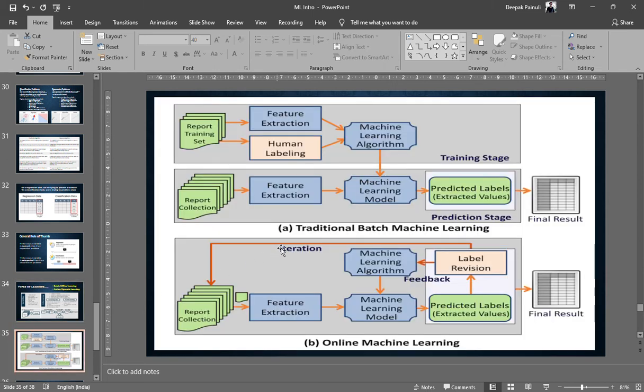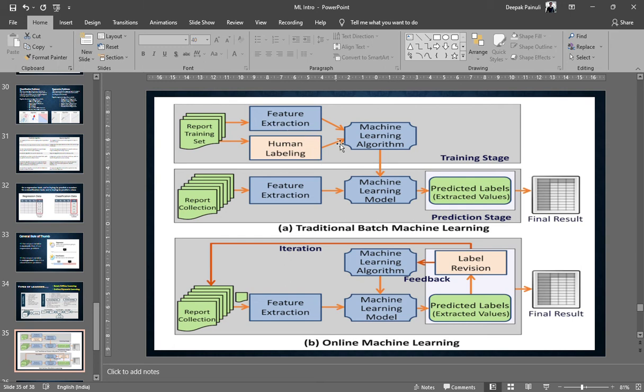Now come to this diagram. This diagram is depicting the difference between traditional and online machine learning, right? In traditional or batch machine learning, you can check that first you train your machine learning model. Either the labeling will be from the human side, or it is available readily from the sensor side, right?